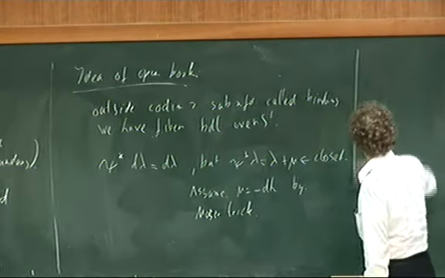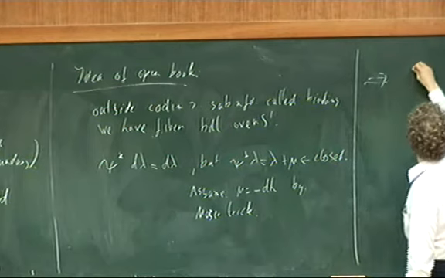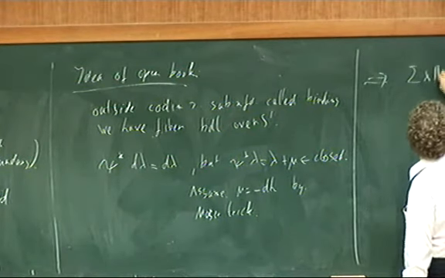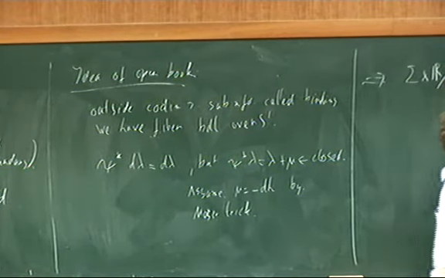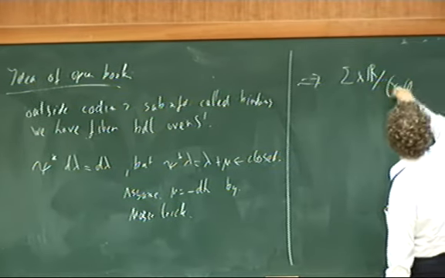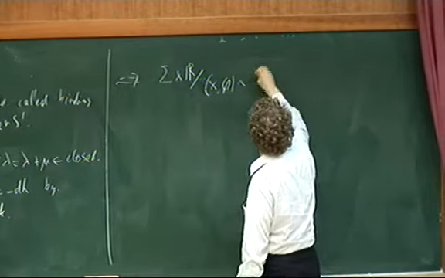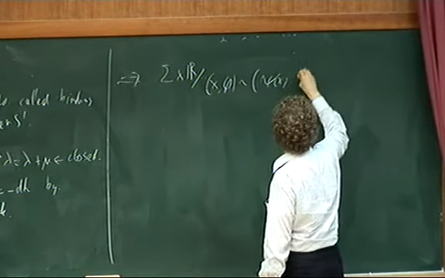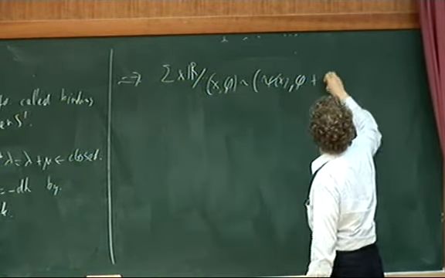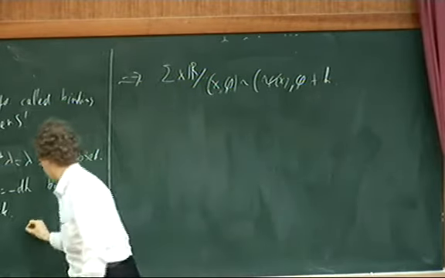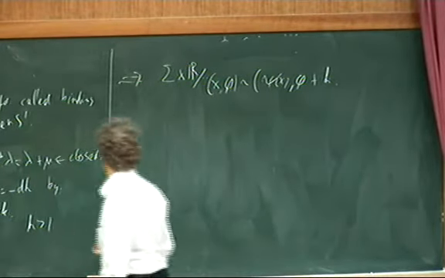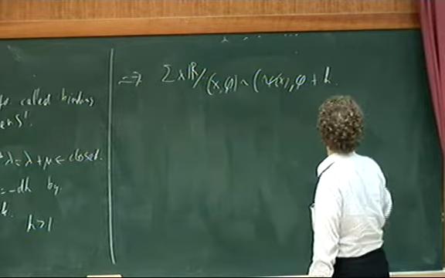And if you do that, then we can just consider Σ × ℝ and mod out by the following equivalence relation. We take a point (x, φ) in Σ × ℝ, and we identify it with (ψ(x), φ + h). Here we have to use this function h, and we can assume that h is larger than 1 since we are in a compact manifold.